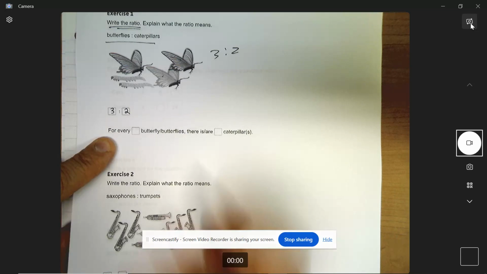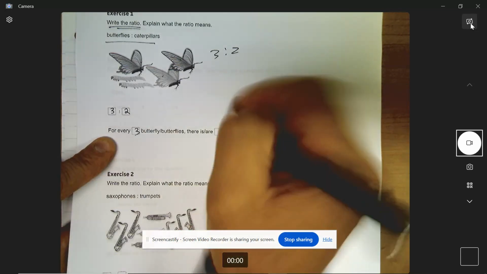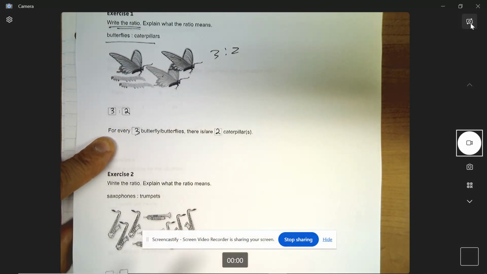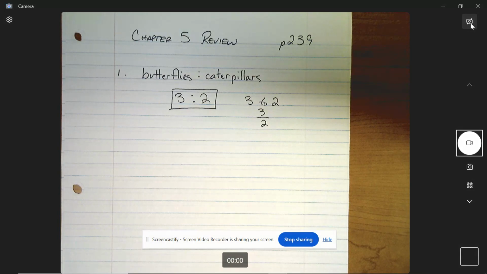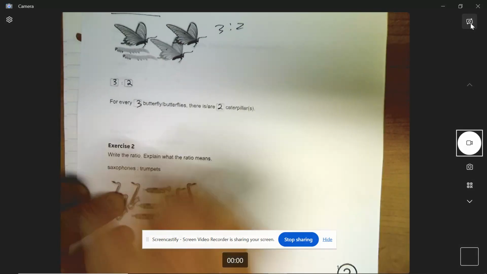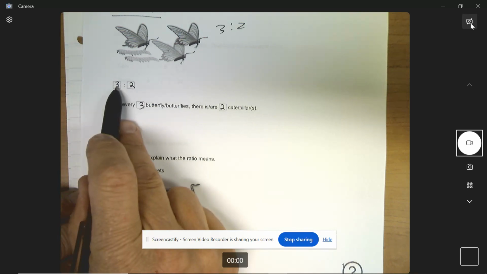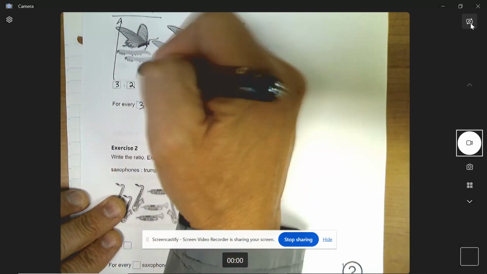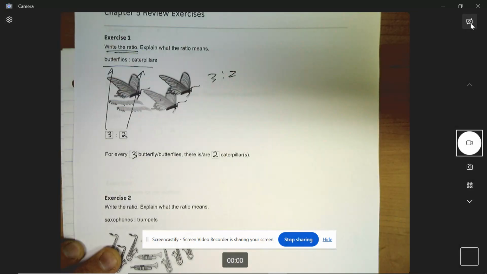So what that means is that for every 3 butterflies there are 2 caterpillars. So when you do this, you're going to see it'll be 3, 2. Does that make sense? This is what it looks like. That's the ratio. What that means is for every 3 butterflies there are 2 caterpillars. So far so good? All right.